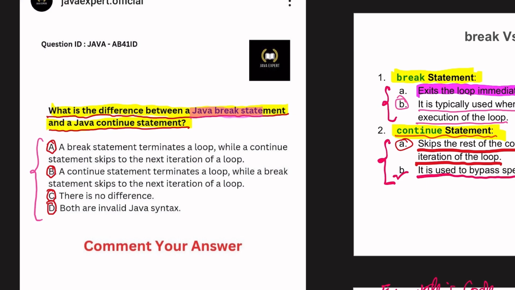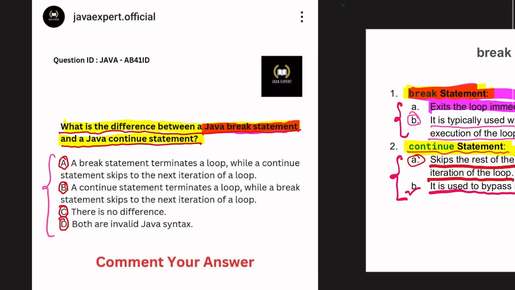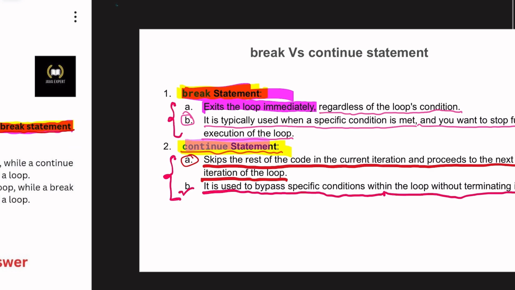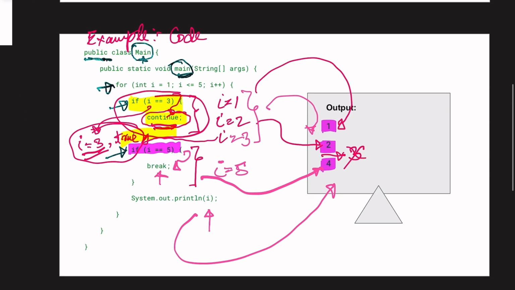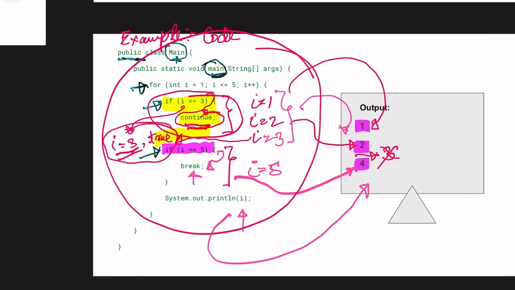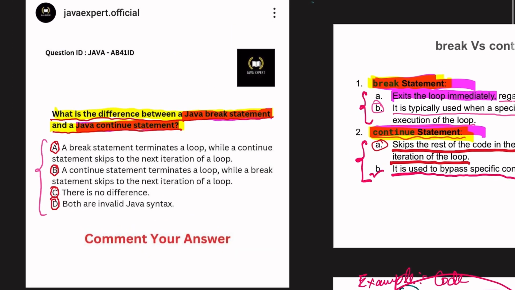What is a Java break statement? We have seen it here. And what is a Java continue statement? We have seen some information about it, and how you can implement that in your code we have seen in this code. Okay, so let me check the options one by one.